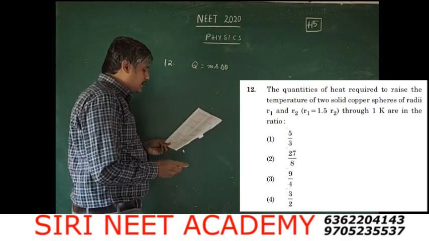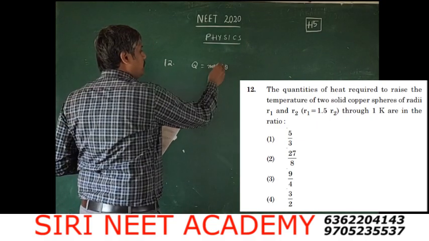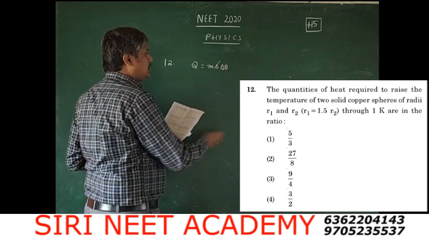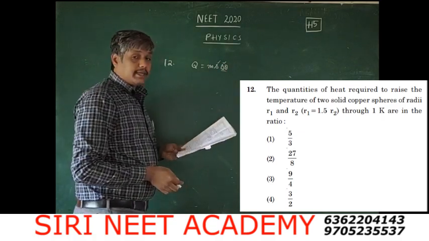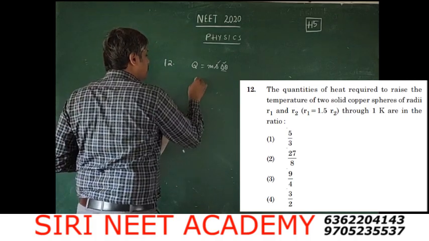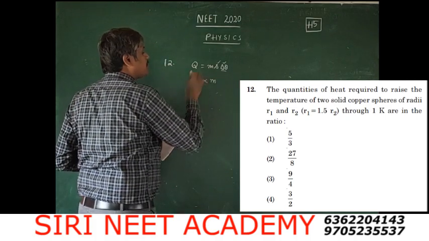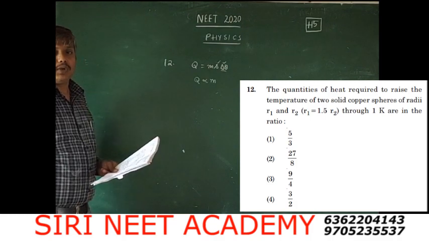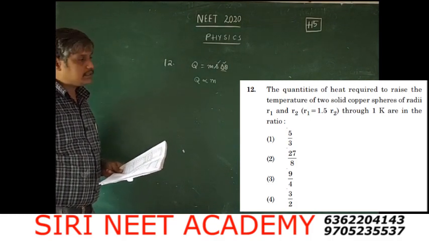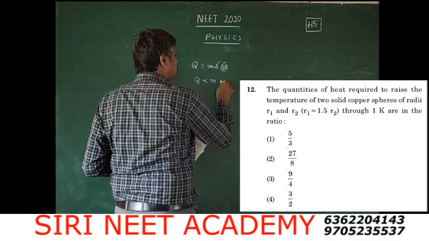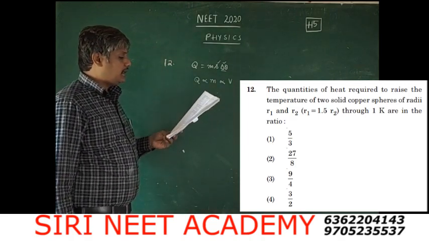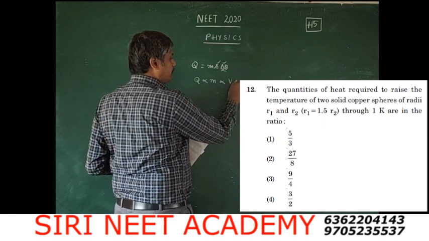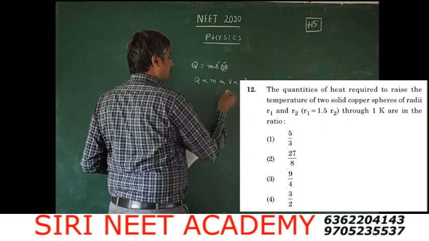Now in this case, it is copper, so s is constant, and del theta is the same since both are raised by 1 Kelvin. So Q is proportional to mass, and mass is equal to volume into density. The density is constant, so mass is proportional to volume. They have given a solid copper sphere, so the volume is proportional to R cube.